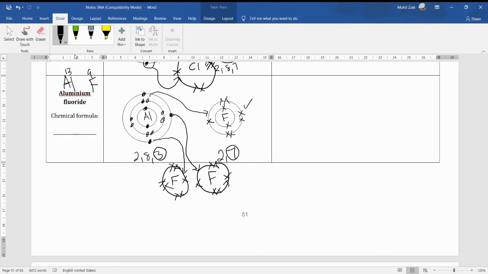Okay, right. As a result, aluminium loses 3 electrons and becomes an aluminium ion with a 3 plus charge. And the configuration will be 2, 8. Okay, that's for aluminium. For fluorine, it becomes a fluoride ion.